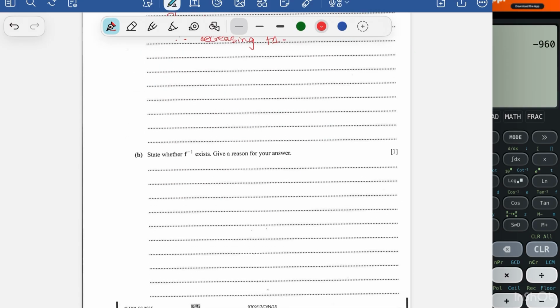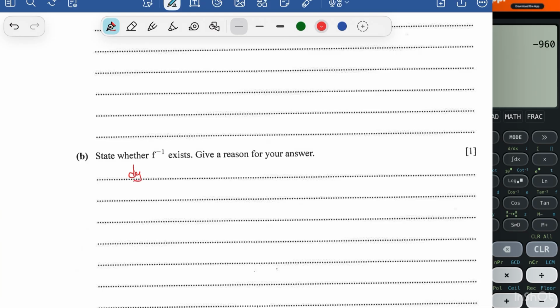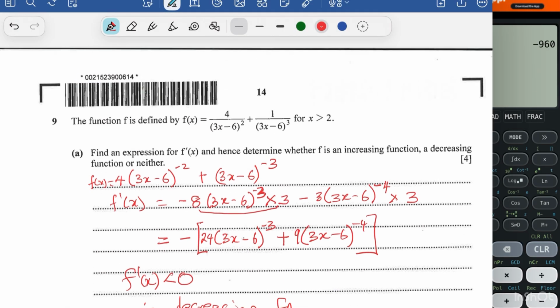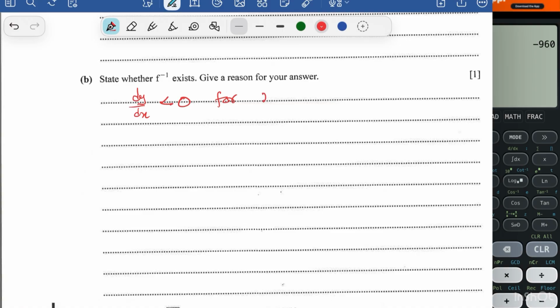All right, so part B, state whether f inverse exists, giving reason for your answer. Since we know that dy/dx is negative, for x greater than 2, they told me, so when x is greater than 2, dy/dx is negative.